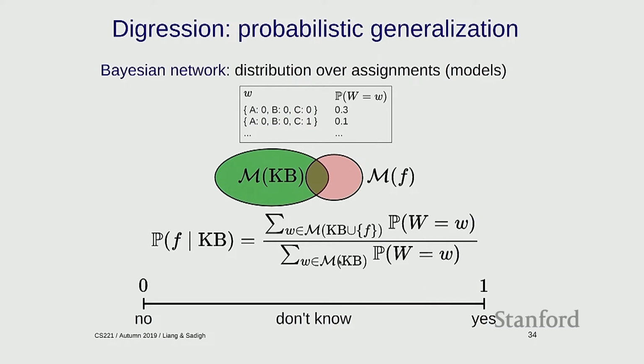So this is a number between 0 and 1. And this reduces to the logical case: if this probability is 0, that means there's a contradiction, because the intersection is empty. If it's 1, that means it's entailment.